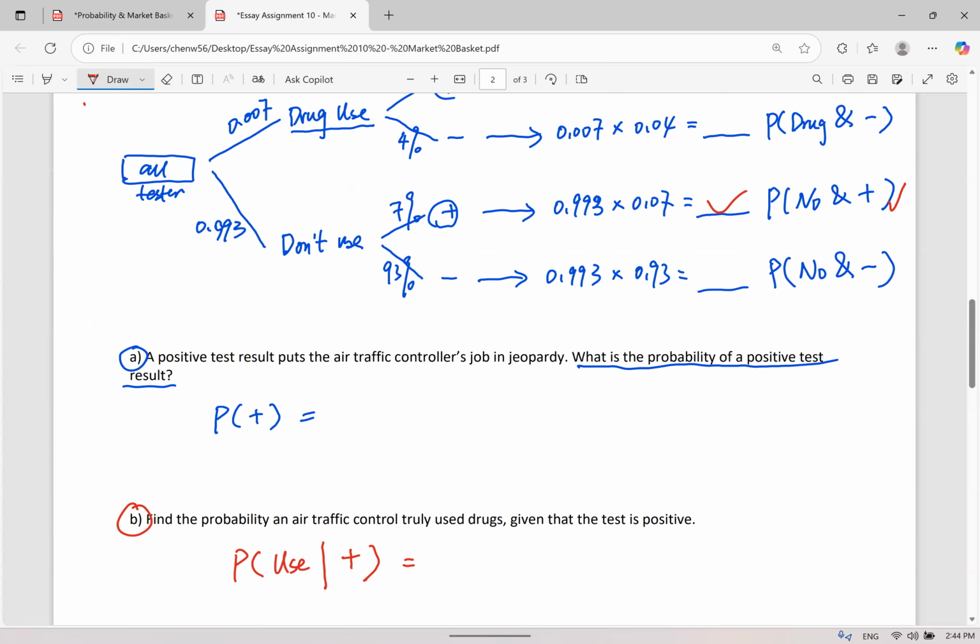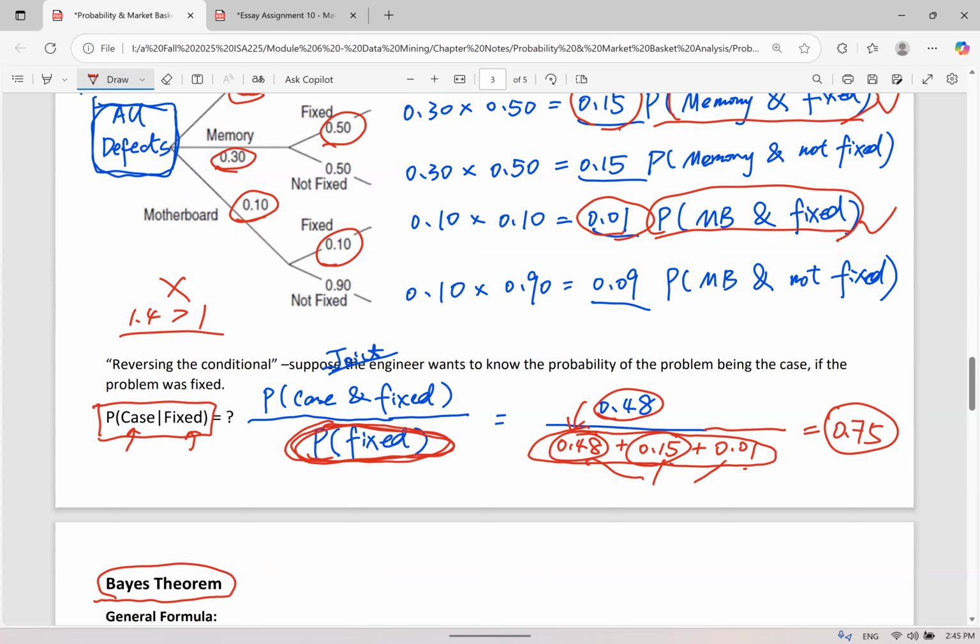So by the formula, how do you get this probability? You want to use the joint, right? Use the drug and positive, divided by the probability of the condition, right? It's a similar case here.